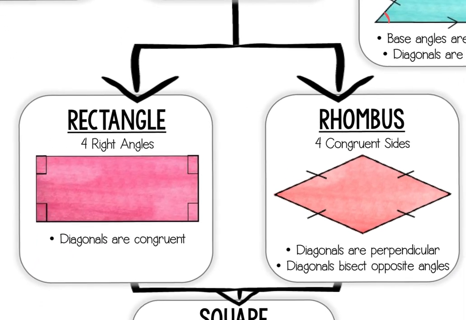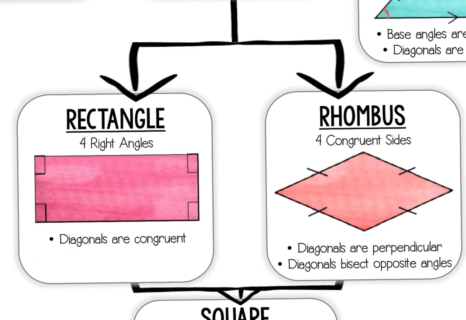We have rectangles and rhombus. These are going to have all the characteristics of your parallelogram. You are going to have diagonals that bisect each other, 2 pairs of parallel sides, congruent opposite angles and supplementary consecutive angles. So everything that was a characteristic for the parallelogram is also a characteristic for the rectangle and the rhombus.